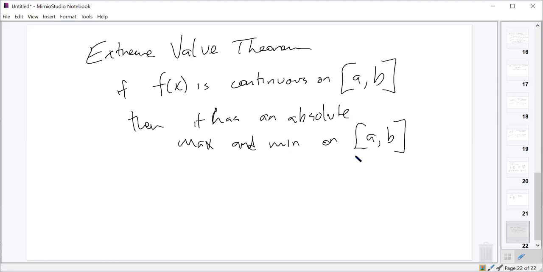And so I'm going to touch on this again a little bit in a second, that if you are looking for an absolute max or a min and you are given a closed interval, you need to check your endpoints. Don't forget to check your endpoints. That is a common mistake in the free response questions, especially in some of those rate type questions that we've done in the past.